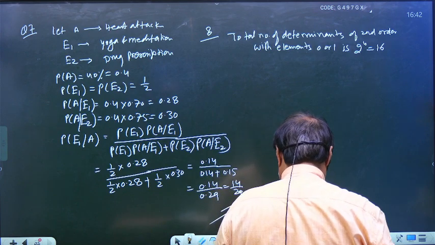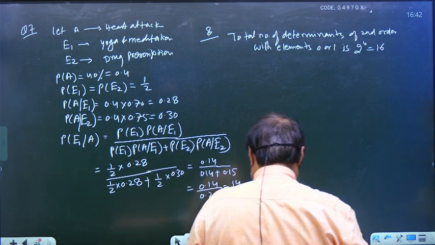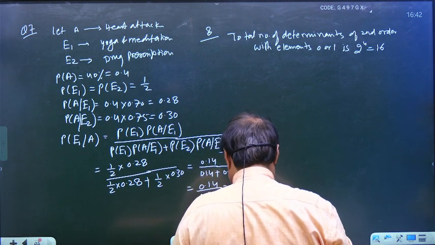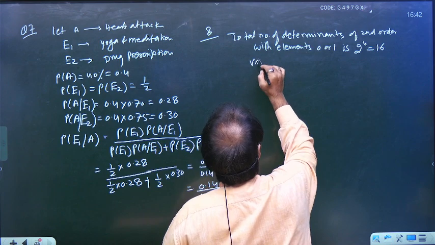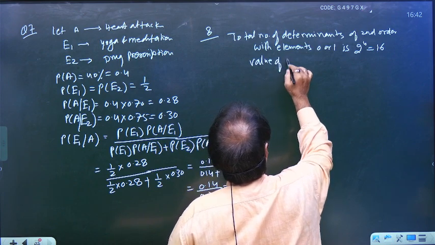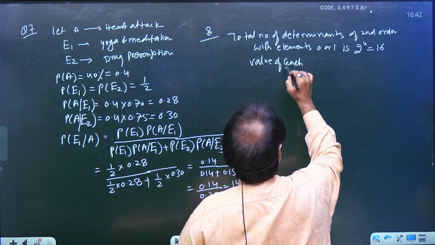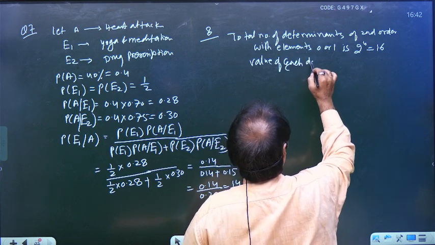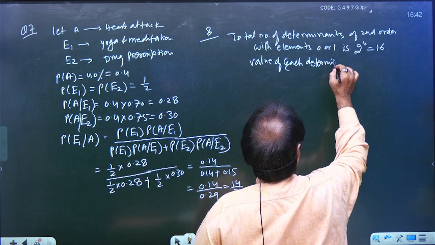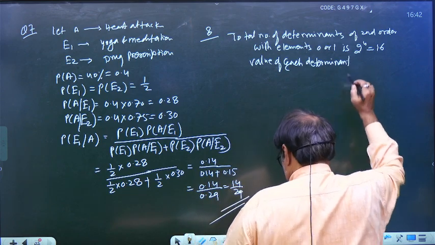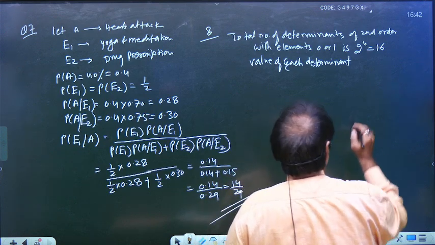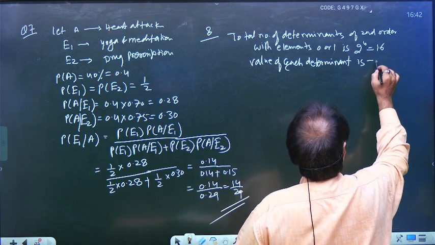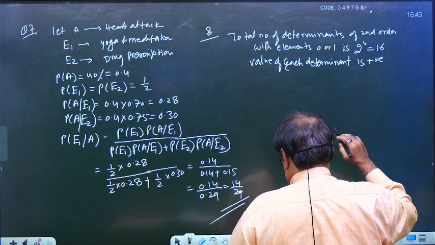So this will be our sample space. Now the value of each determinant is to be positive.